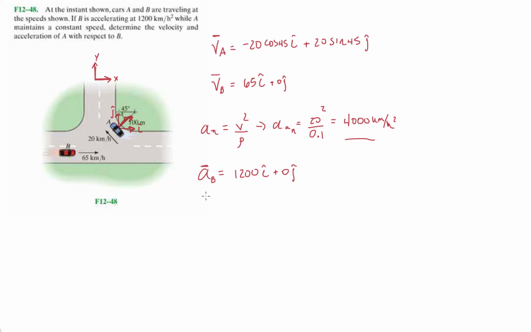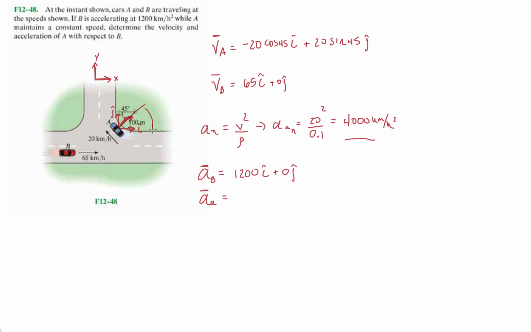Now let's put the acceleration of A in vector format. It's going to be 4,000 kilometers per hour squared pointing in this direction.